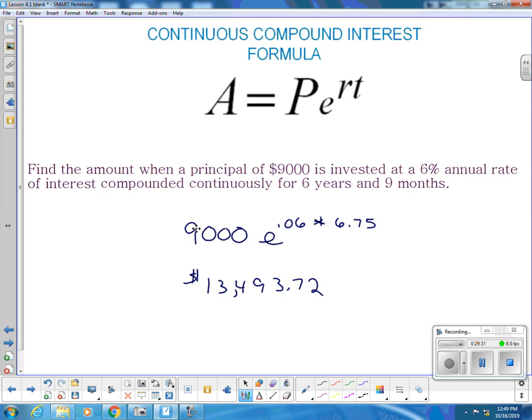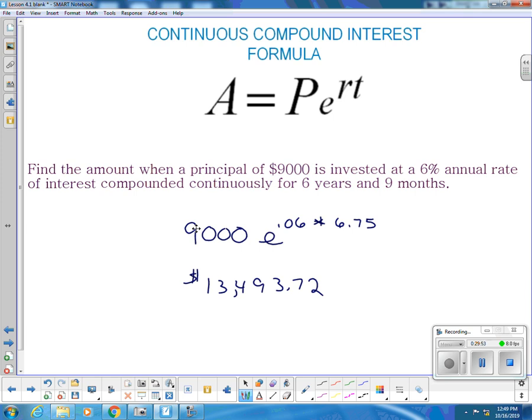Make sense? Easy formula. So when it says compounded continuously, anytime things grow continuously, like in biology, populations grow generally as a percentage for an annual or whatever.